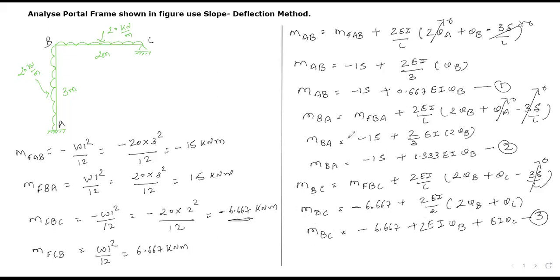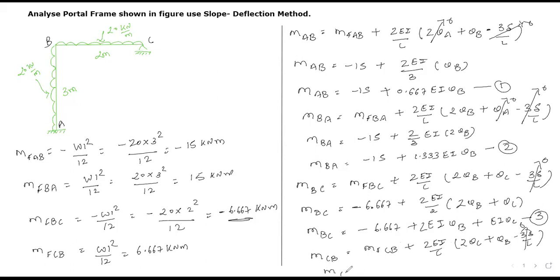Next, same for MCB. MCB plus 2EI by L multiplied by twice theta C plus theta B minus 3 delta by L. Again ये delta वाला टर्म तो 0 है.